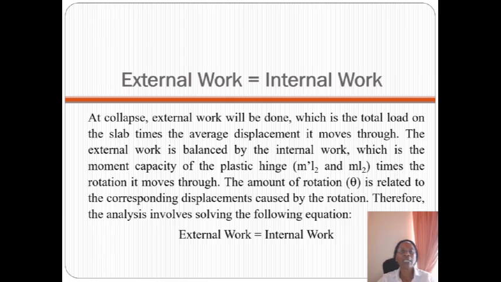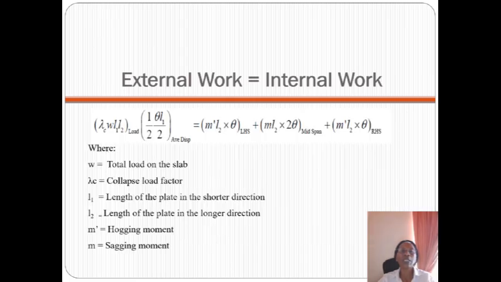The internal work is the moment capacity of the plastic hinge, M L2, times the rotation it moves through. So M dash and M are used to denote the hogging moment, M dash, and the sagging moment, M.